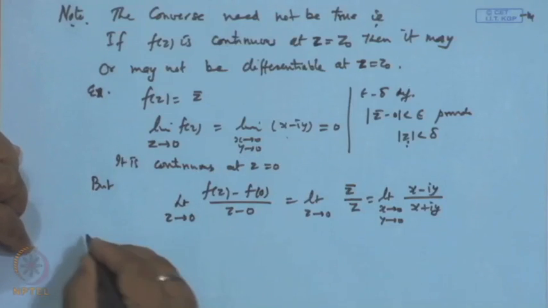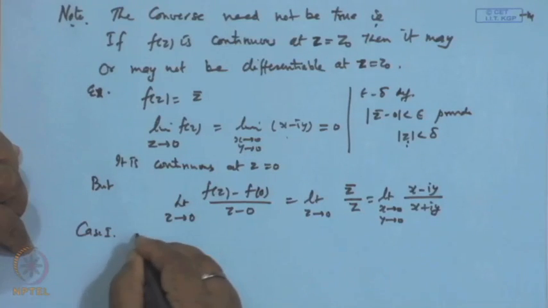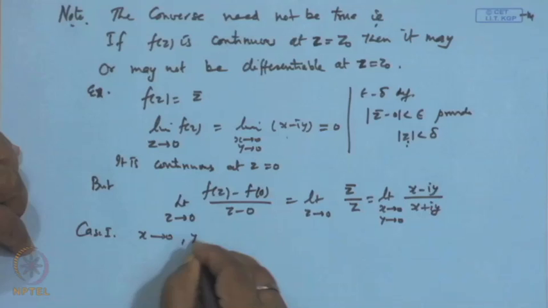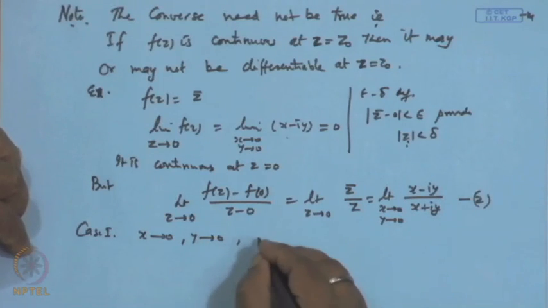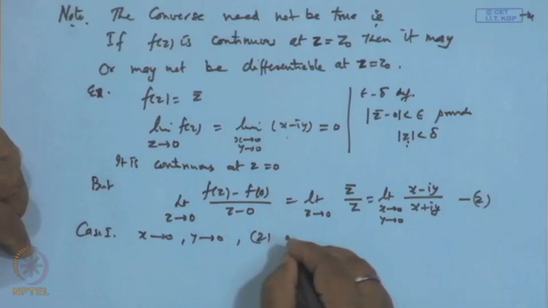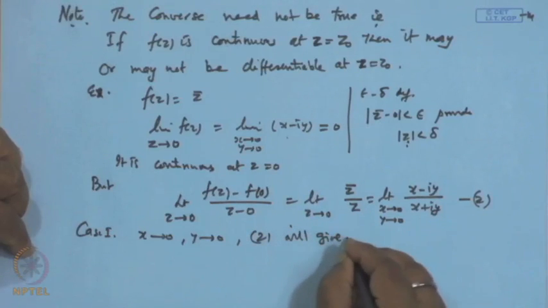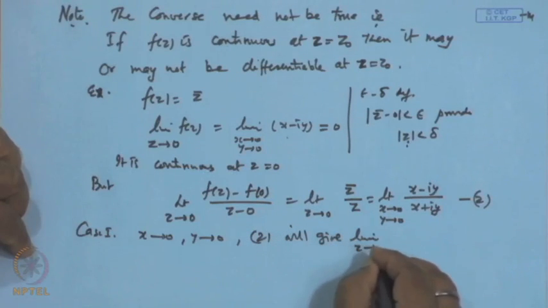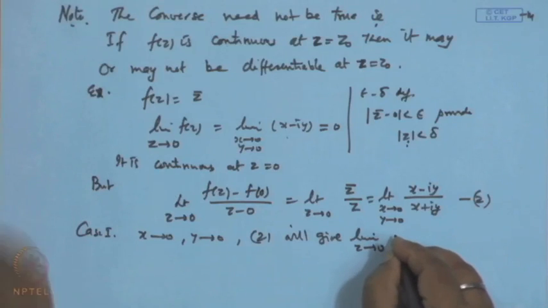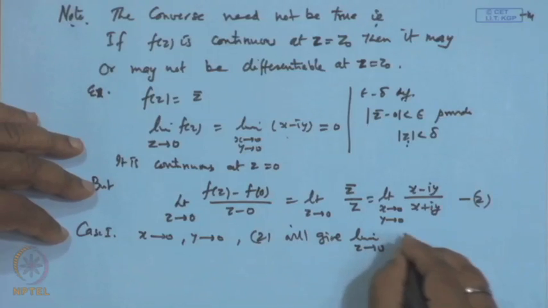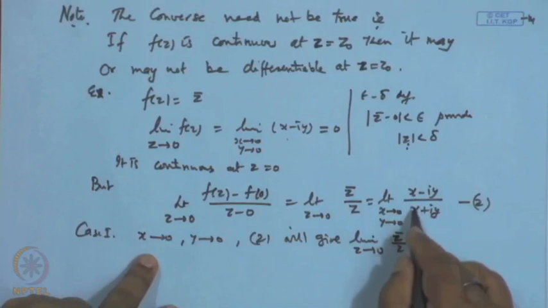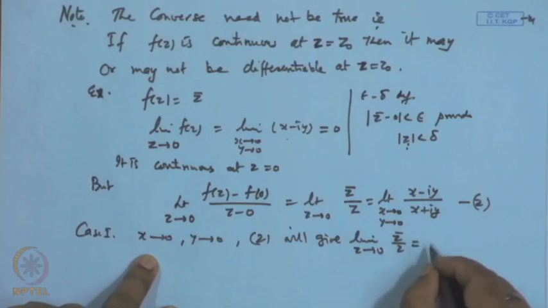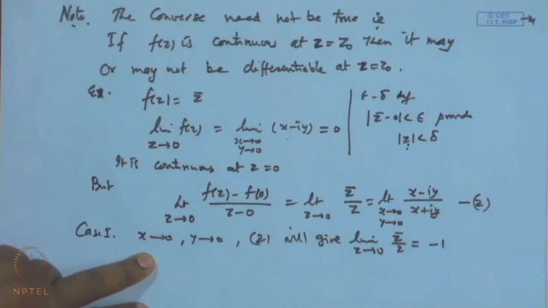Path 1: when x tends to 0 first, y tends to 0 later on, then this expression 2 will give the limit of z bar by z, where the i by i gets cancelled and the value will be minus 1.